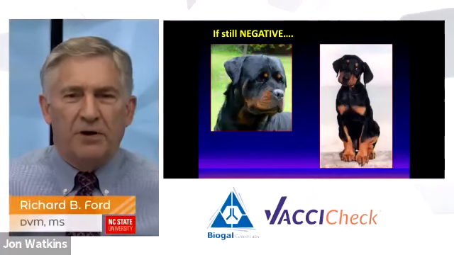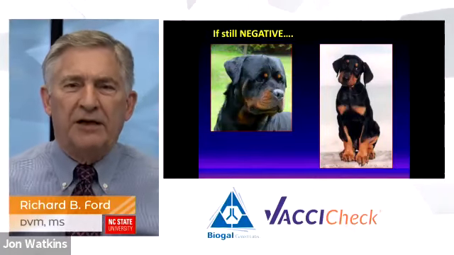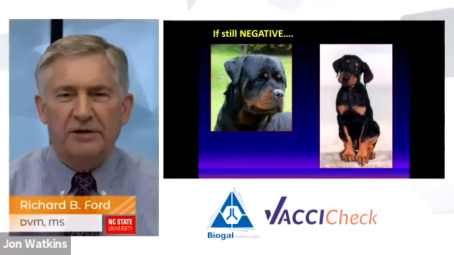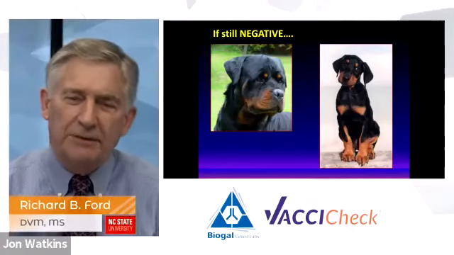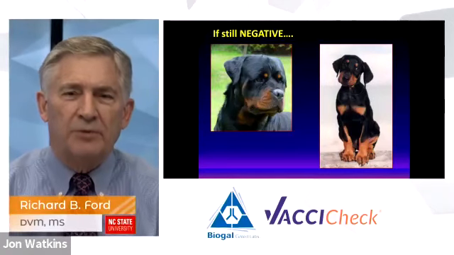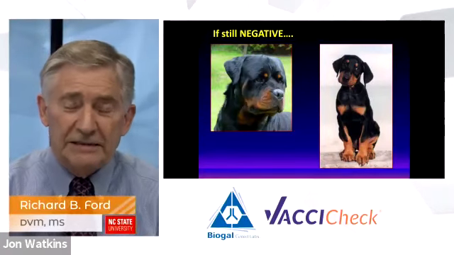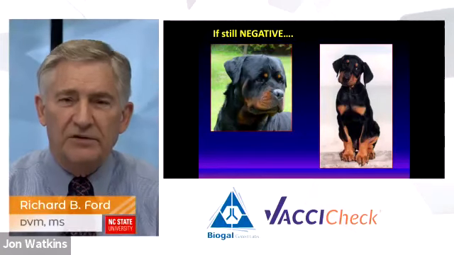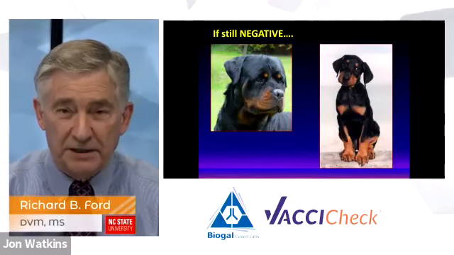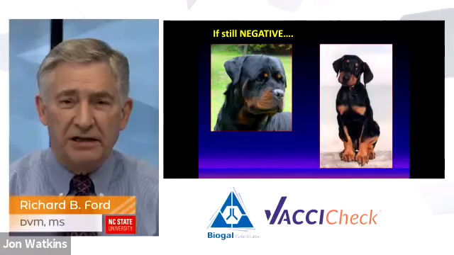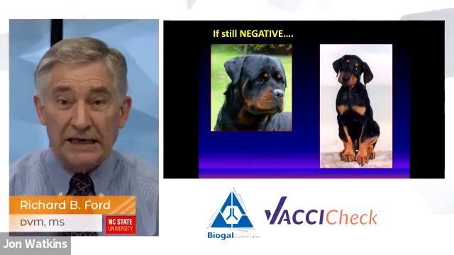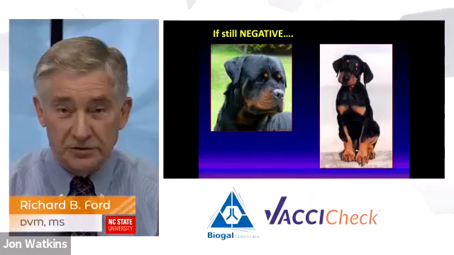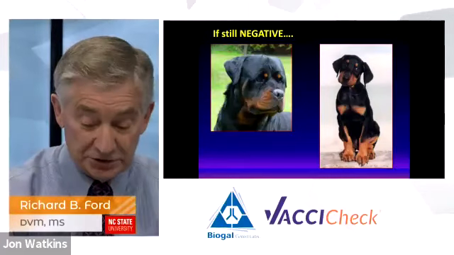When the first parvovirus vaccines became available in the 1980s, veterinarians quickly realized that a couple of breeds, Dobermans and Rottweilers, didn't respond to the vaccine. Now, I wanted to emphasize this is not a maternal antibody issue. These dogs are genetically turned off to make or respond to the parvovirus antigen.